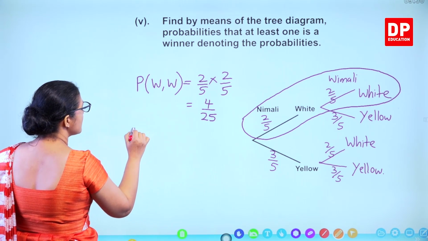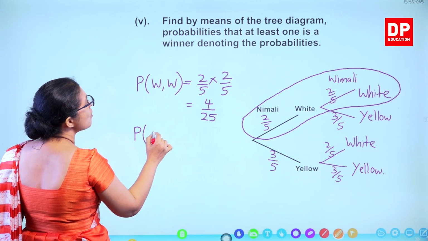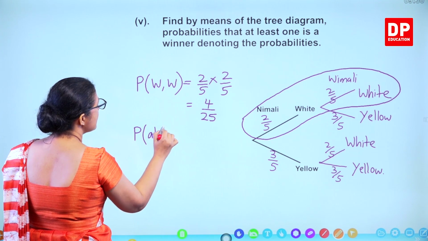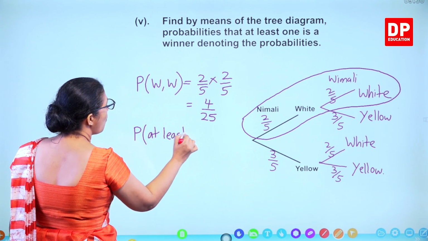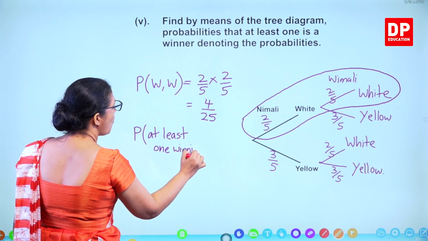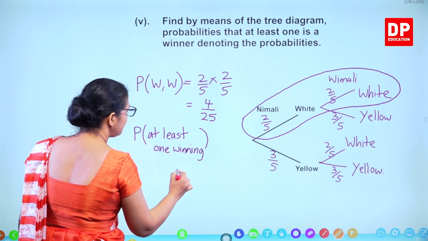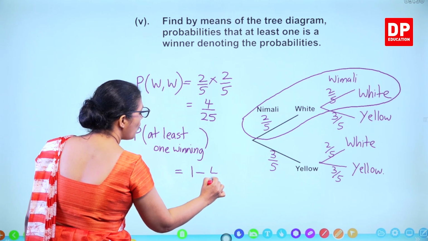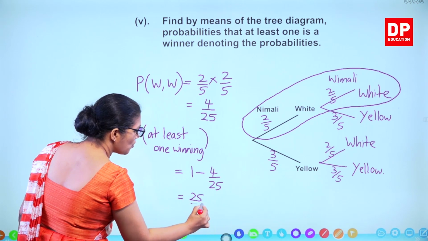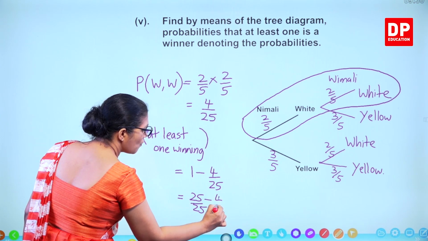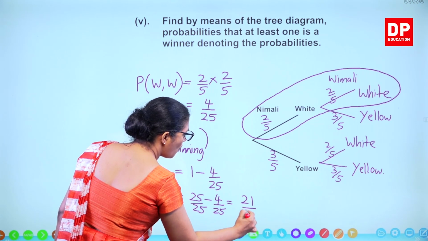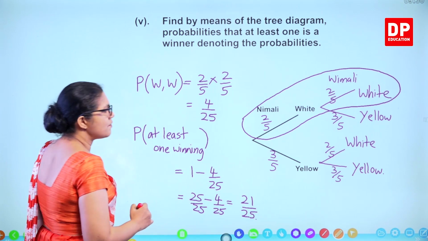So the probability of at least one winning is 1 minus that. 1 minus 4 over 25. I can write 1 as 25 over 25 minus 4 over 25. So I get 21 over 25.